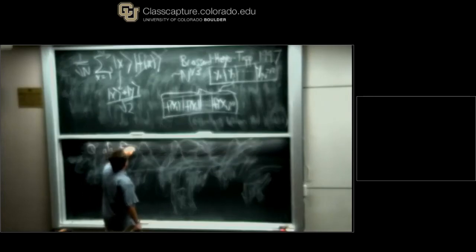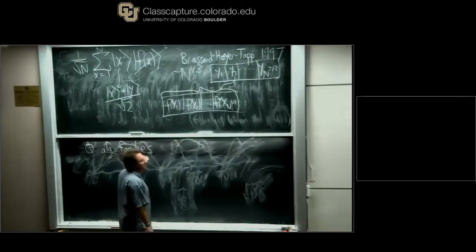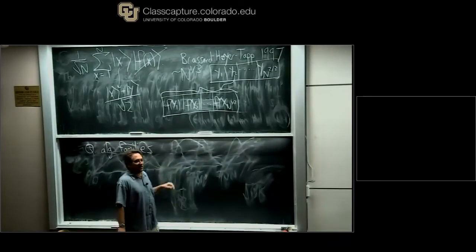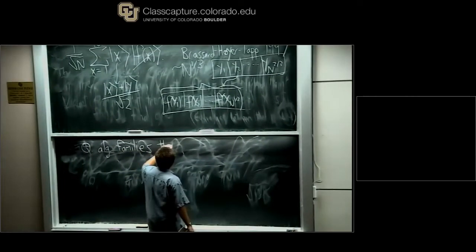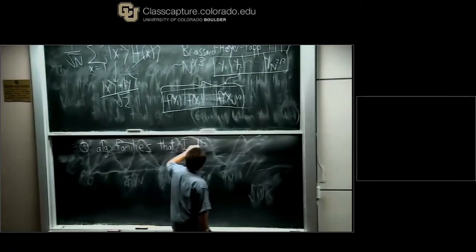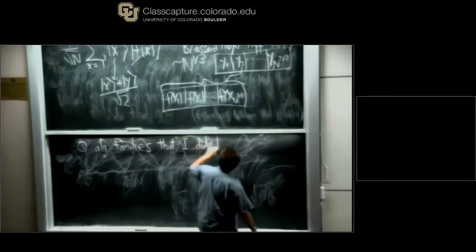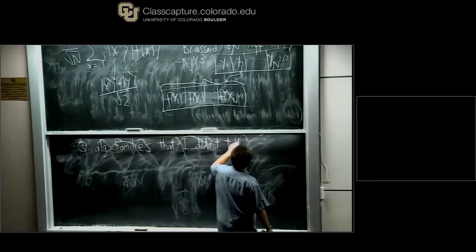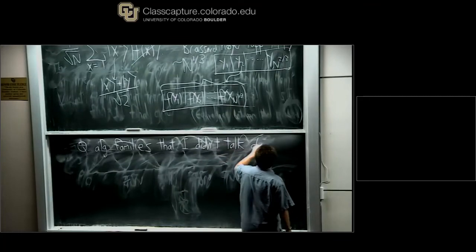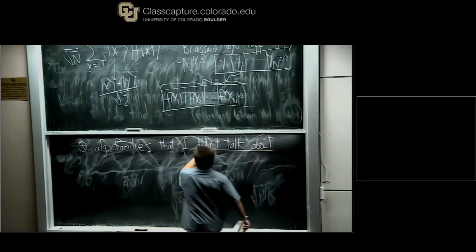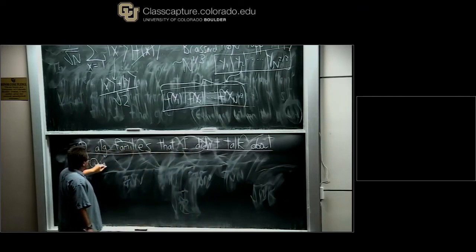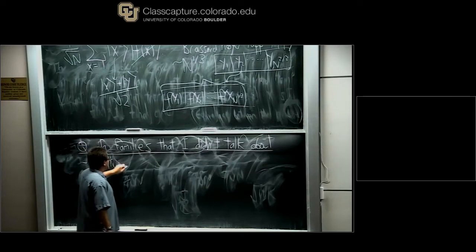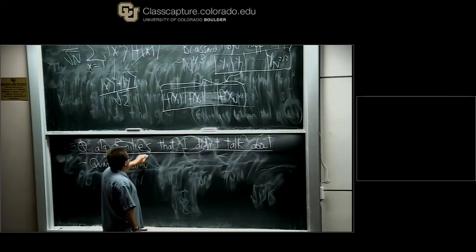So what are the families of quantum algorithms that I haven't had time to talk about in these lectures? Well, first of all, there's quantum simulation. Just algorithms to simulate quantum physics and chemistry.